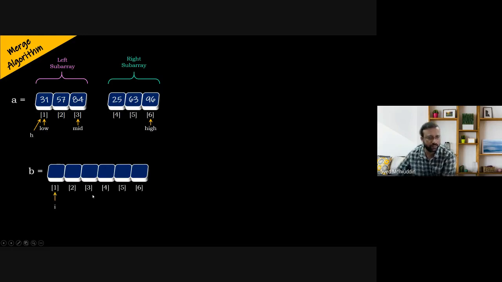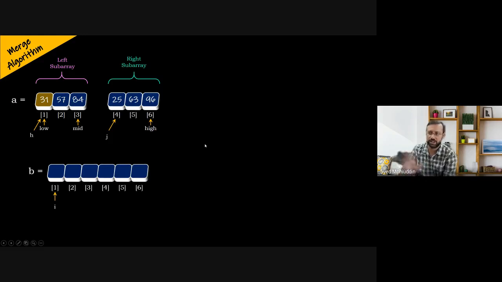We will have a variable i, which will point to index 1 in array B. Remember, it's array B. Then we will have another index j, which points to the first element of the right subarray. It is actually index 4, but it's the first element of the right subarray.